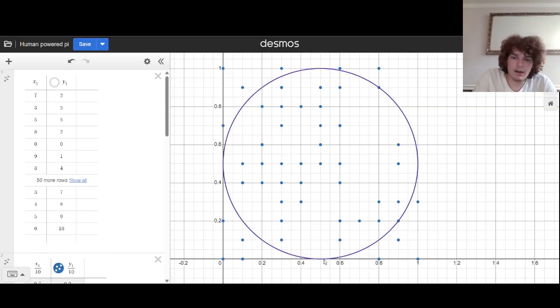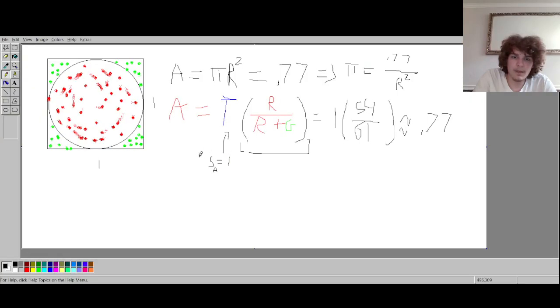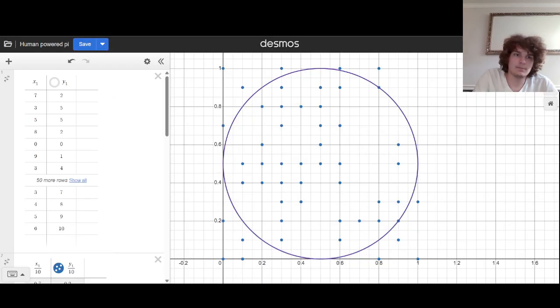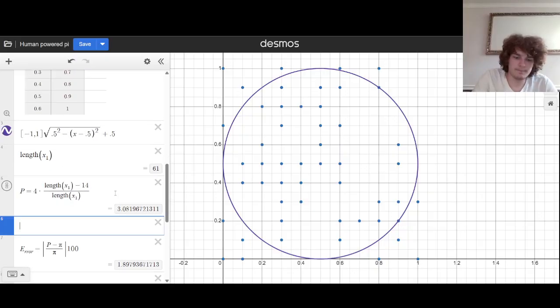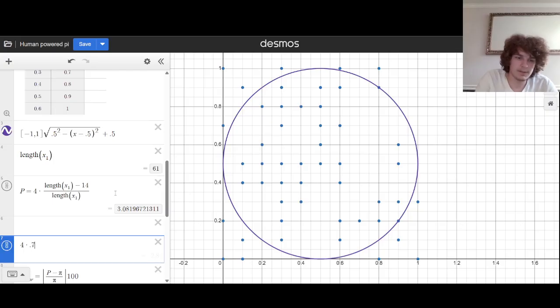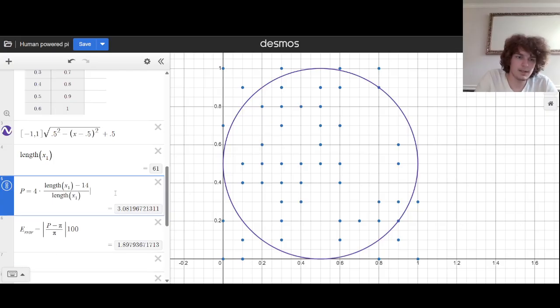Now, r in this scenario is 1/2. The radius of the circle is 1/2. And so r squared is 1/4. And if you're dividing by 1/4, you're just multiplying by 4. So 4 times 0.77, and we get 3.08. See? 4 times 0.77.